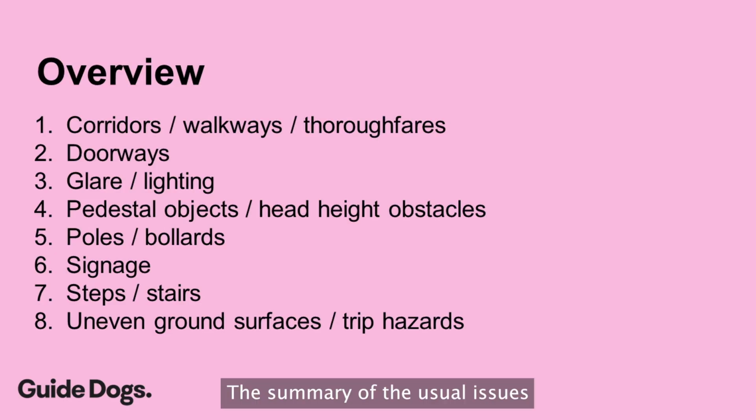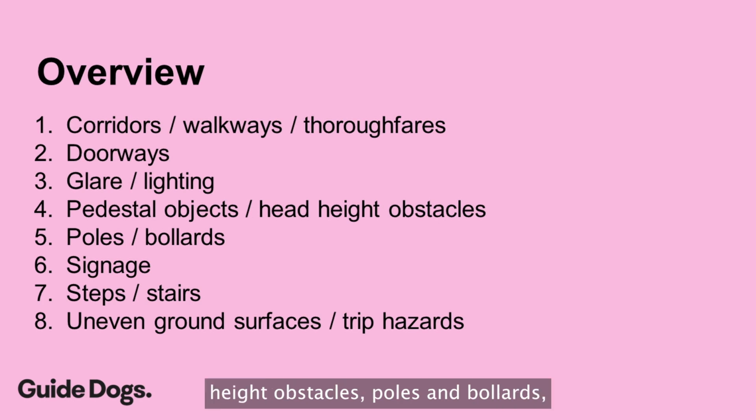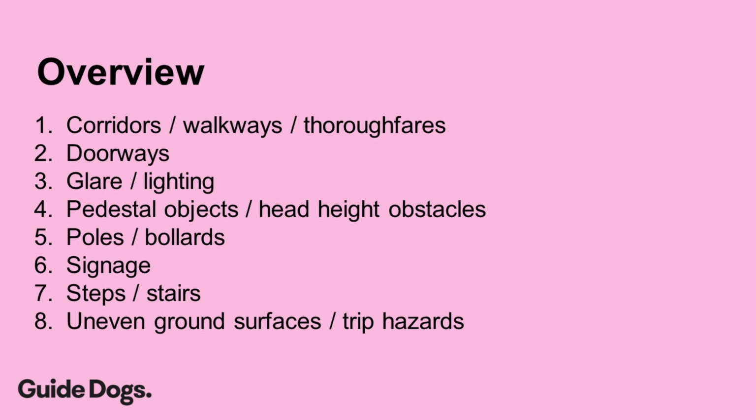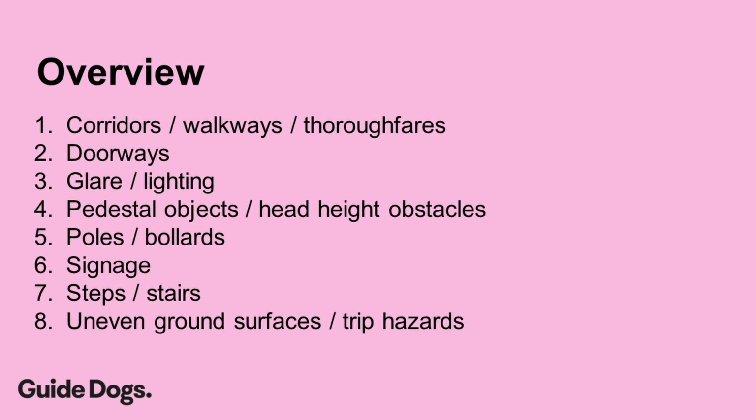A summary of the usual issues identified when completing the scan include corridors, walkways, thoroughfares, doorways, glare and lighting, pedestal objects or head height obstacles, poles and bollards, signage, steps or stairs, uneven ground surfaces and trip hazards.